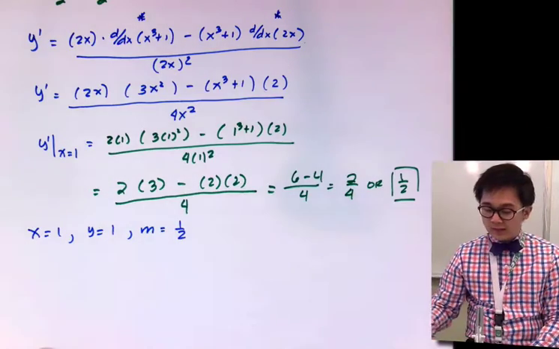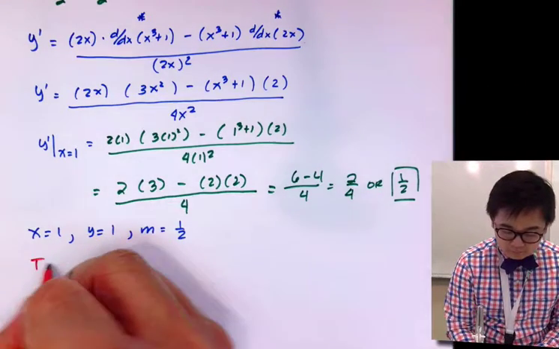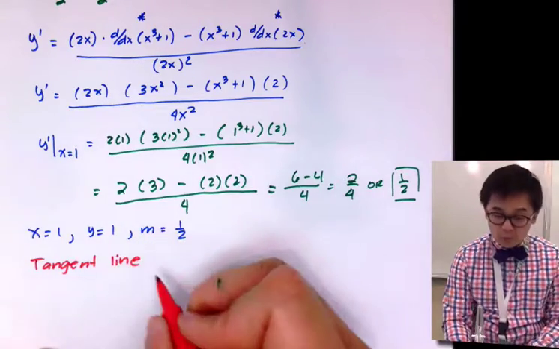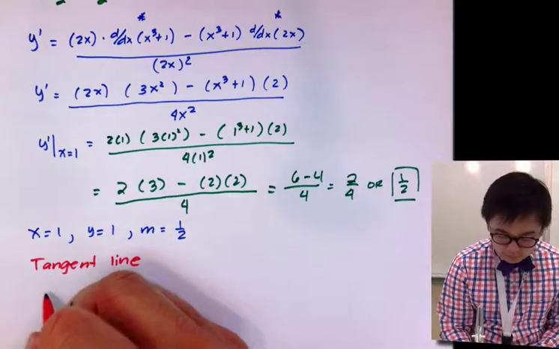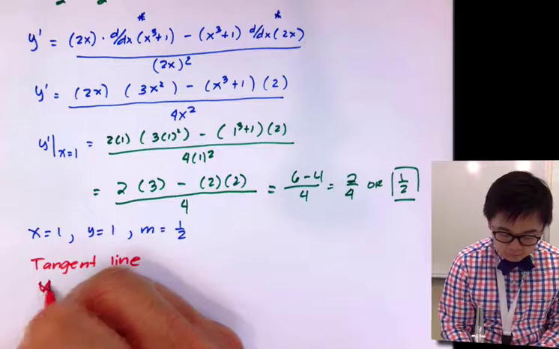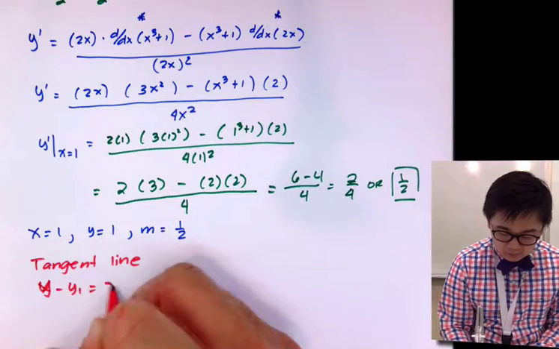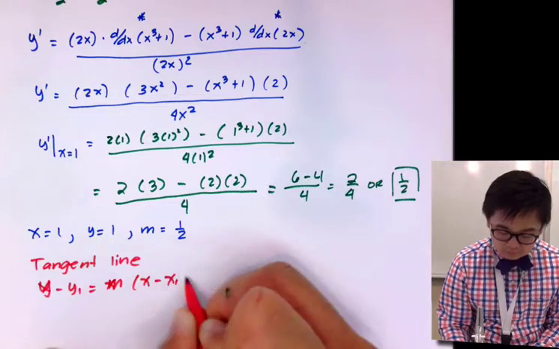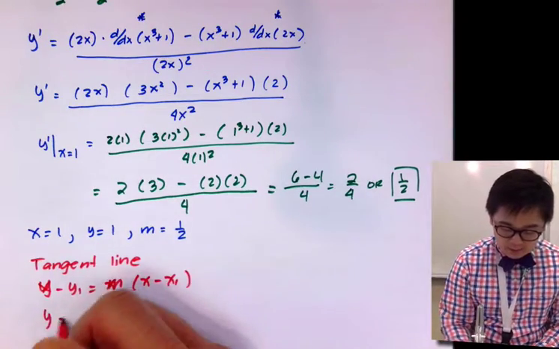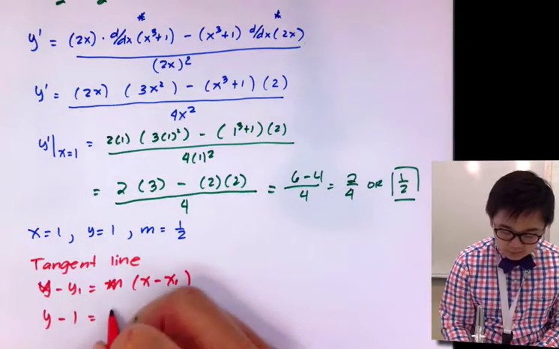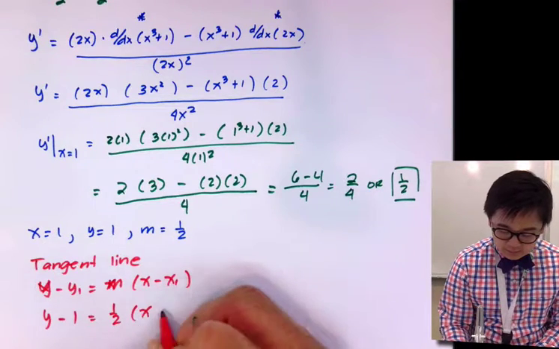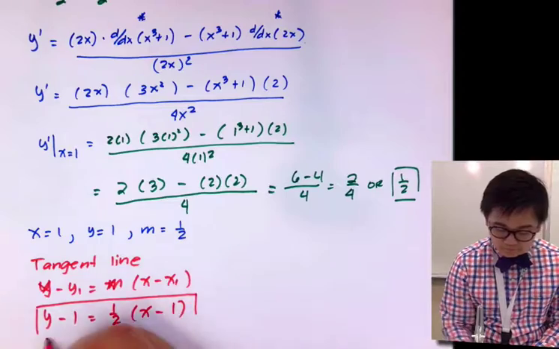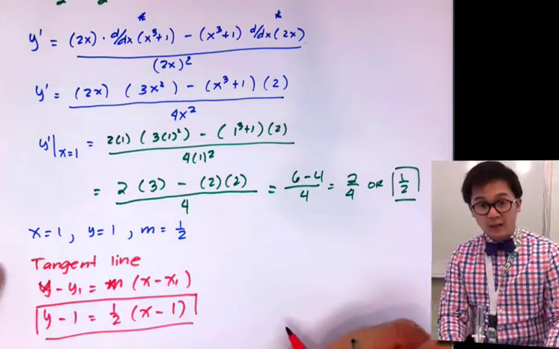So if we're going to write the tangent line to this curve at point (1, 1), it will simply be y minus y sub 1 equals m times x minus x sub 1. So y minus 1 equals 1/2 times x minus 1. This will be the tangent line.